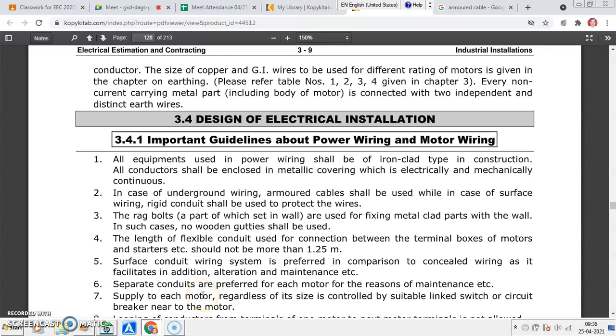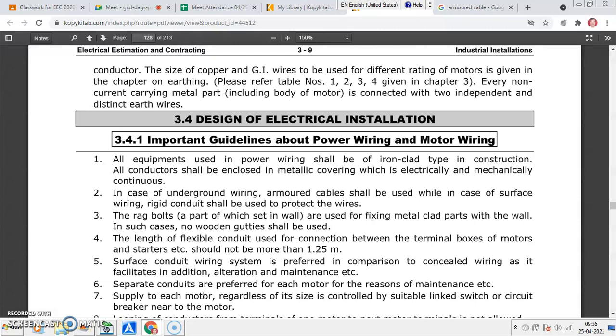Length of flexible conduit is particularly used at end connections between terminal boxes and starter and main switch, normally located at the motor end.